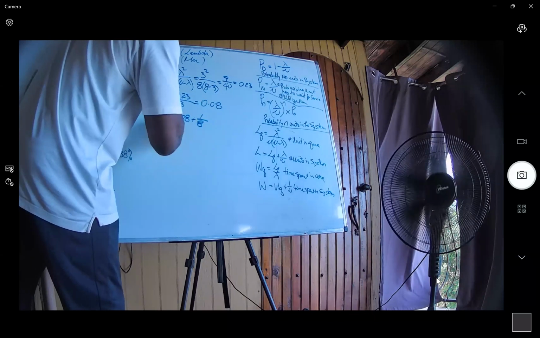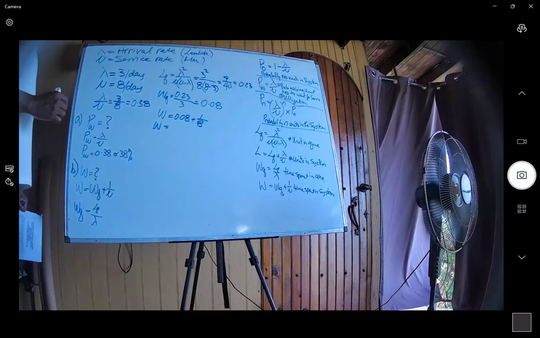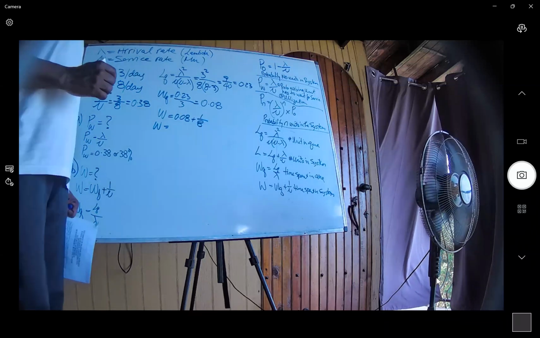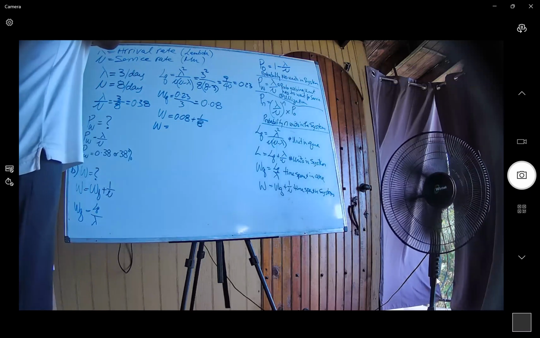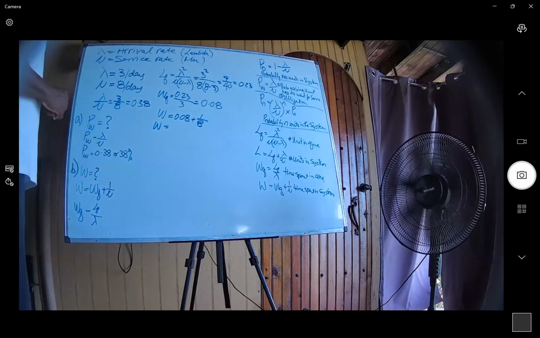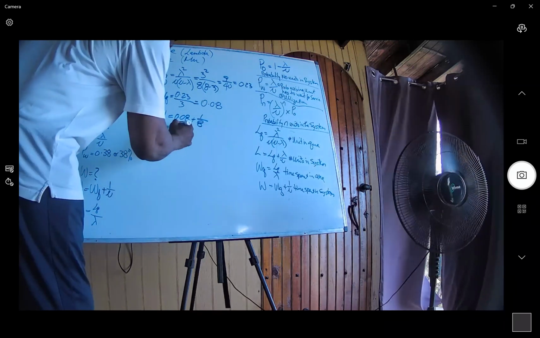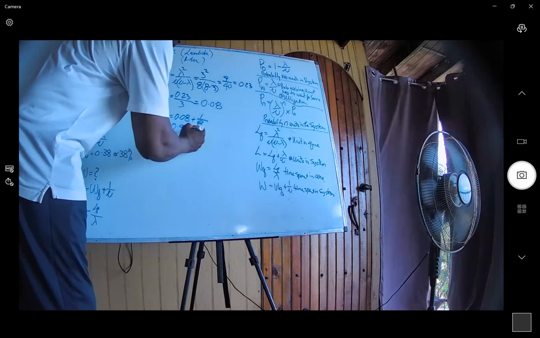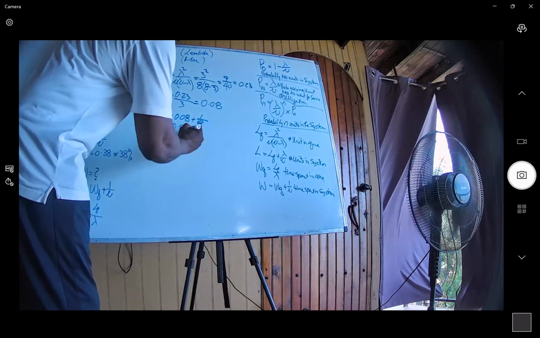So what's my W? What's my time spent in the system? Just 1 over 8 and you add 0.08 to that. 1 divided by 8 plus 0.08. What's that? 0.925. 0.93. Yes, sir. 0.93.